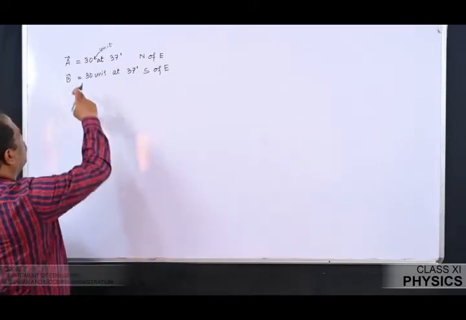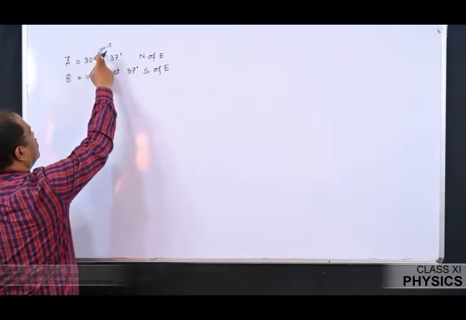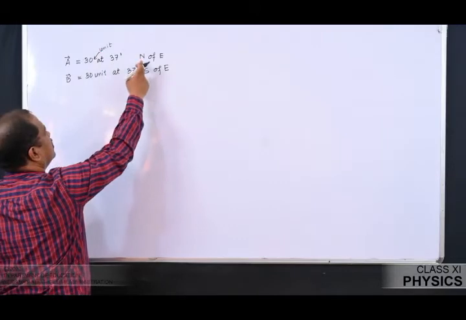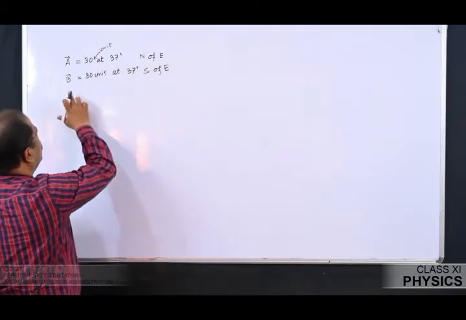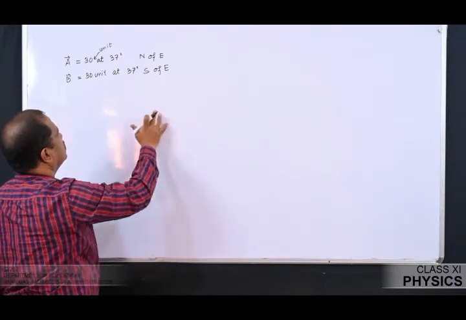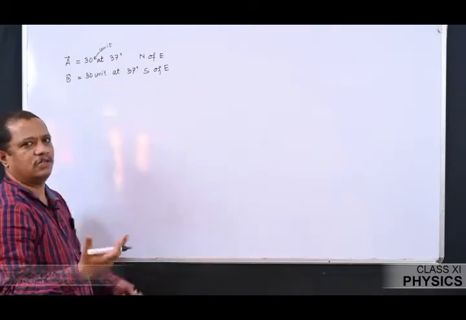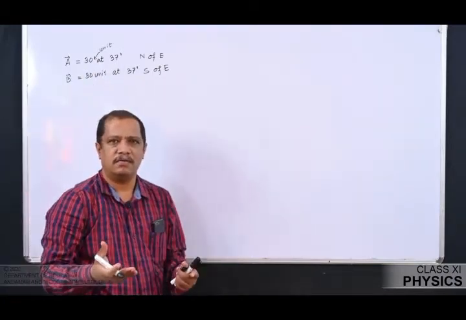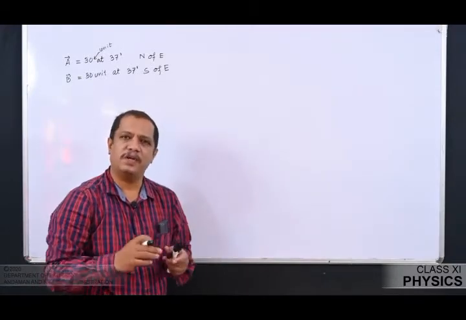One vector A has 30 units at 37 degrees north of east. Vector B has 30 units at 37 degrees south of east. When I wrote unit, it has its own unit, maybe meter. So for both it's meter.